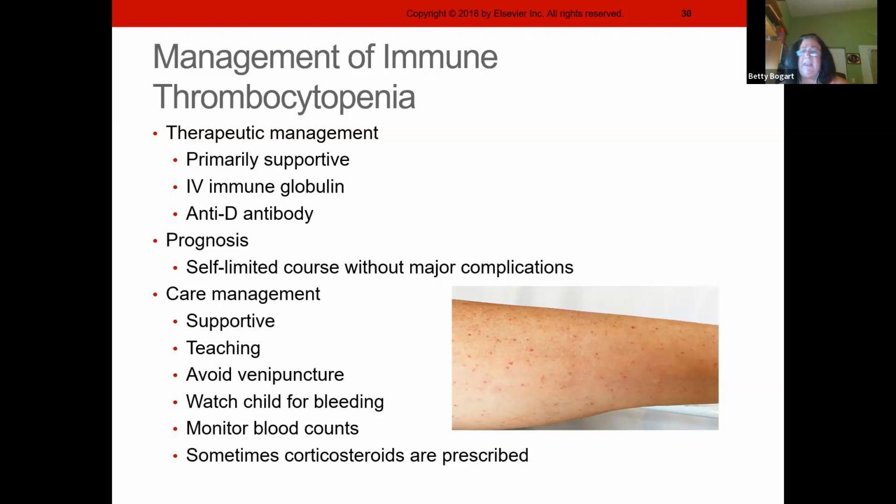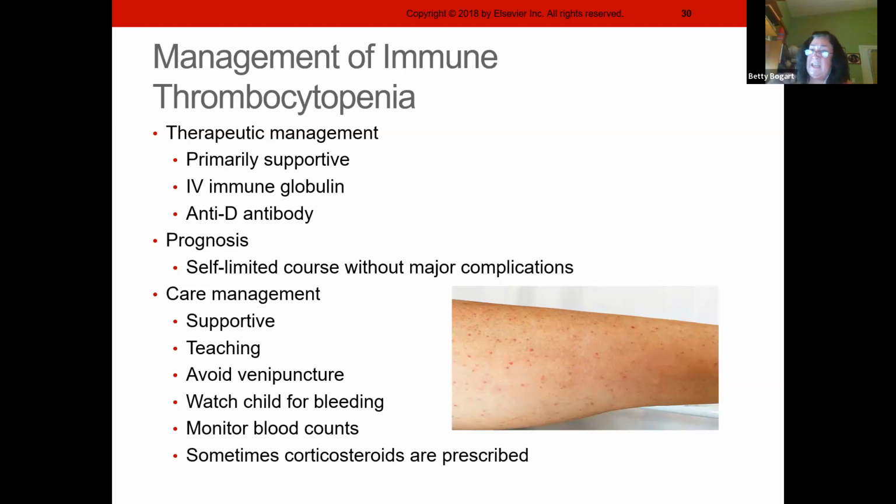Now, if this kid is admitted into the hospital, there are some things that you need to be watching out for, right? With pneumonia, you listen to lungs, give antibiotics, check vital signs. Well, in ITP, we're going to be avoiding sticking that patient with excessive venipunctures for lab work or IVs or anything, right?